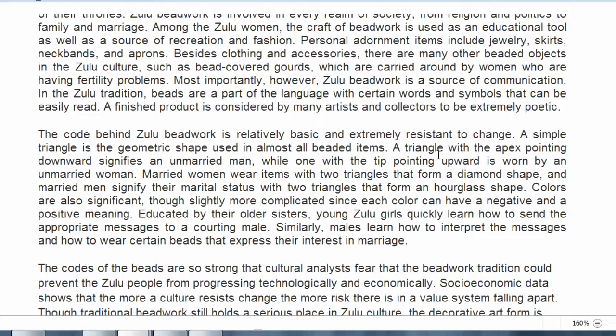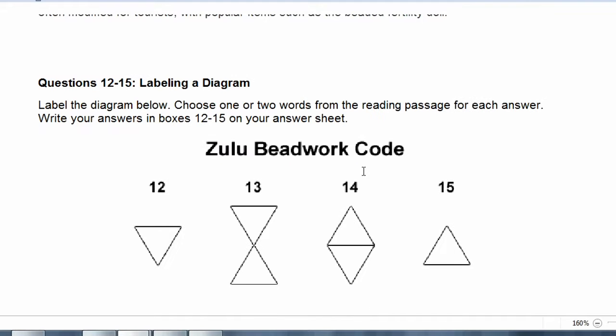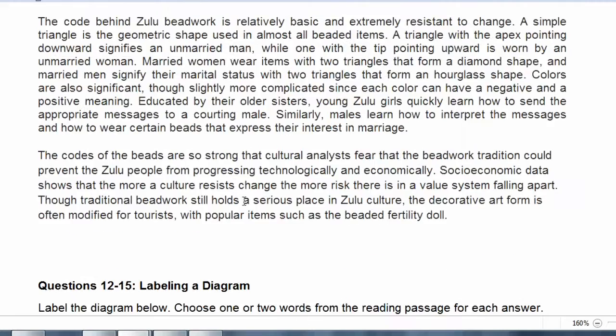A triangle with the apex pointing downwards. Apex means the point, the upper side of that. Pointing downwards signifies an unmarried man. So let's have a look at our shapes. Shape number 1, the apex. This part is facing downwards.